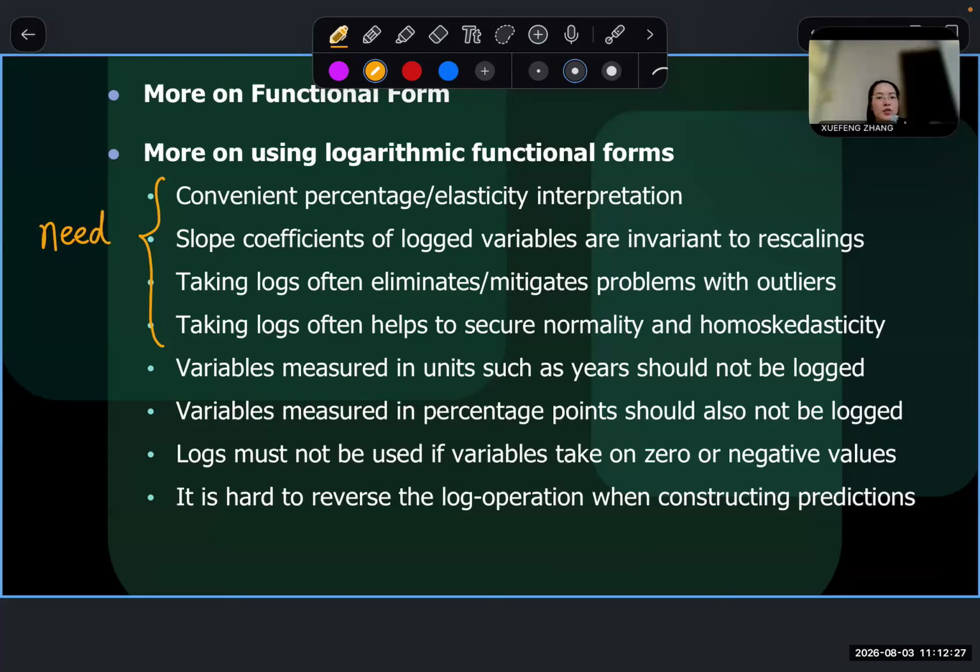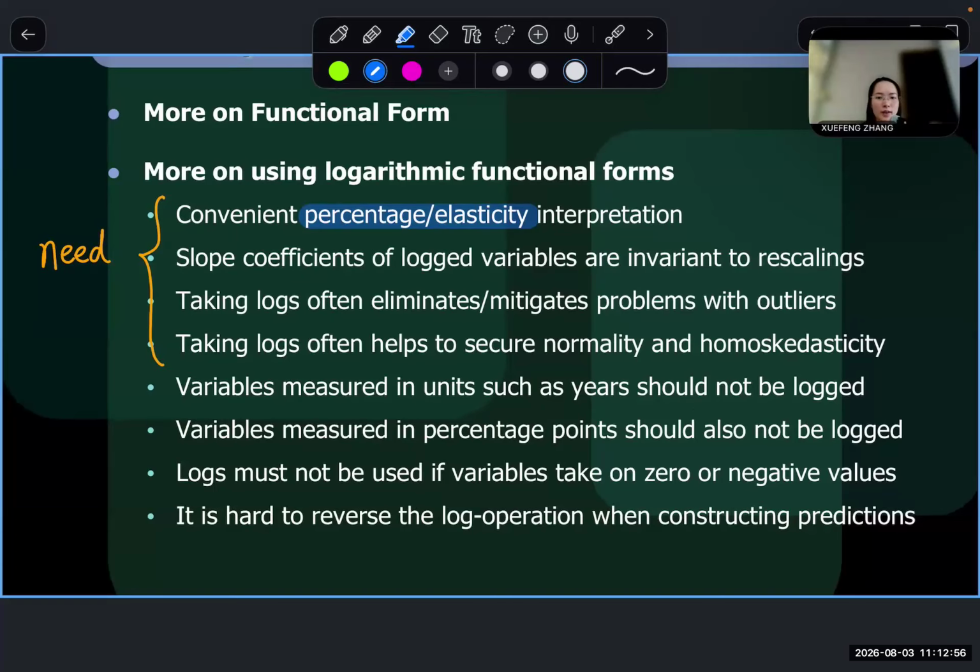The first one: we can have percentage and elasticity interpretation. We've used this all course, right? The coefficient on log x tells you the percentage change in y for a 1% change in x. This is elasticity, so it's easy to interpret.